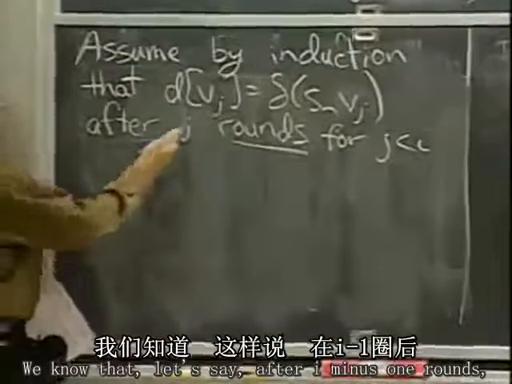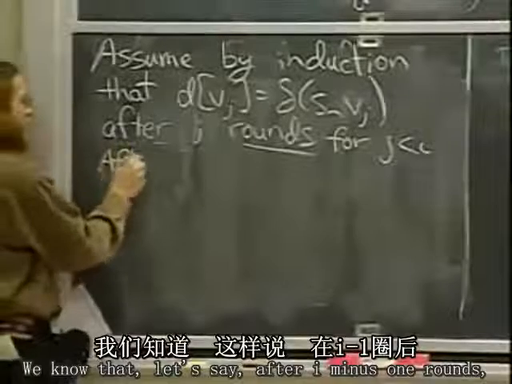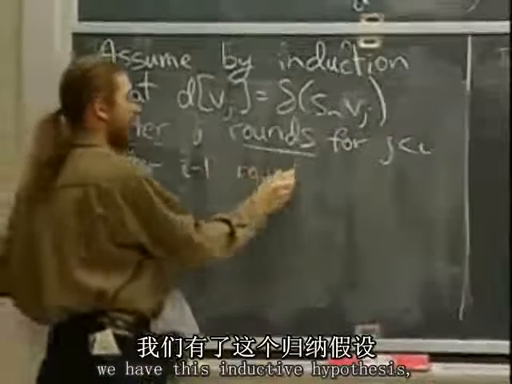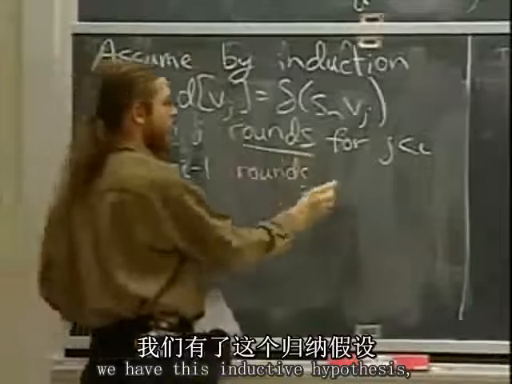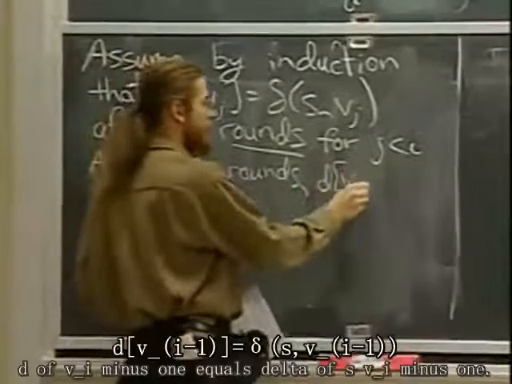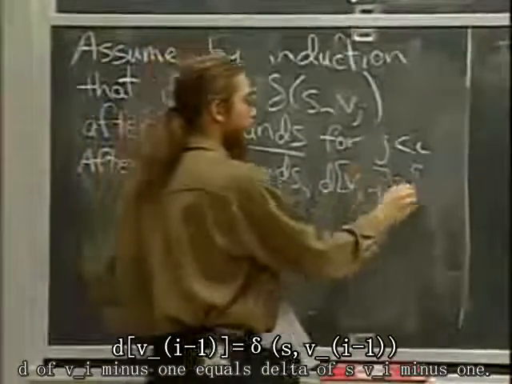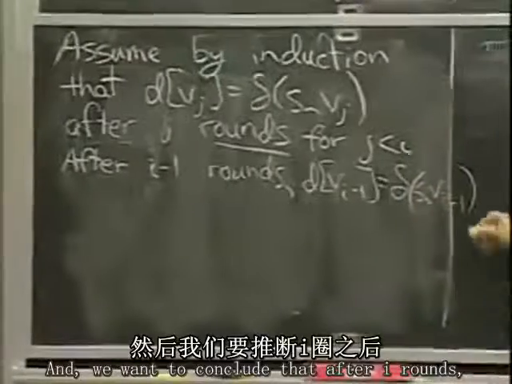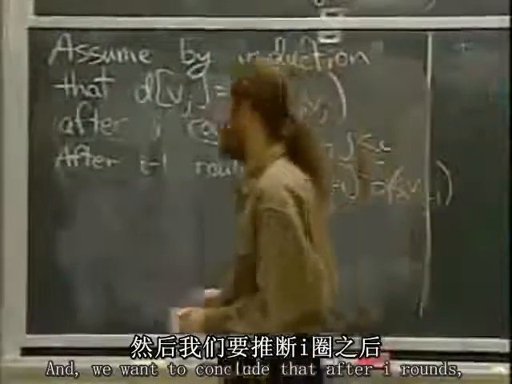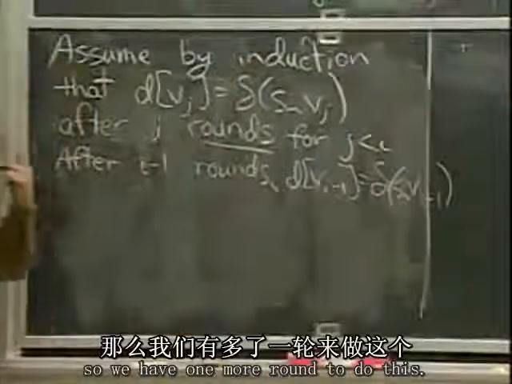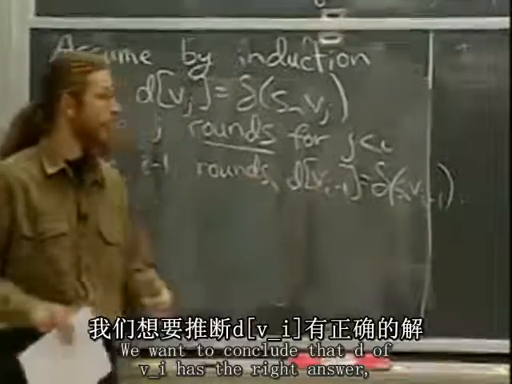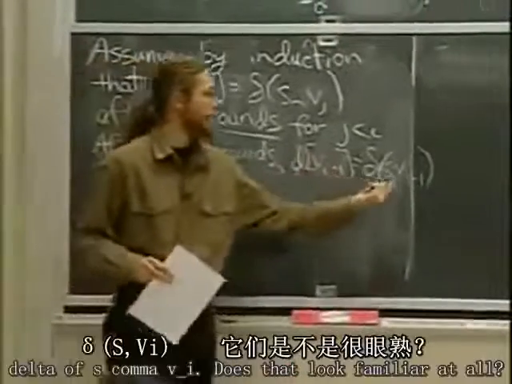We know that after i minus 1 rounds, we have this inductive hypothesis, d of vi minus 1 equals delta of s vi minus 1. And we want to conclude that after i rounds, so we have one more round to do this, d of vi has the right answer, delta of s comma vi.